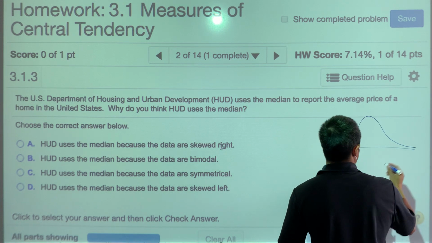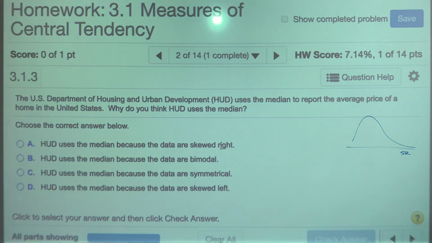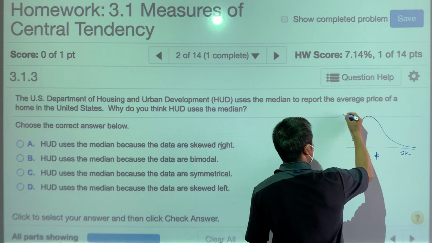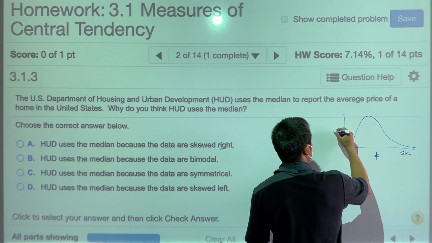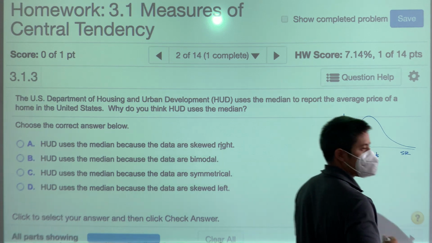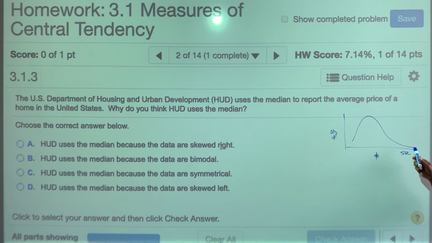So, skewed right. Anytime you have a skewed set of data, what does that mean? Well, let me do this. If the x-axis is the price of a home and the y-axis is the quantity or number of homes available, then as you go up, the price of the home is increasing.